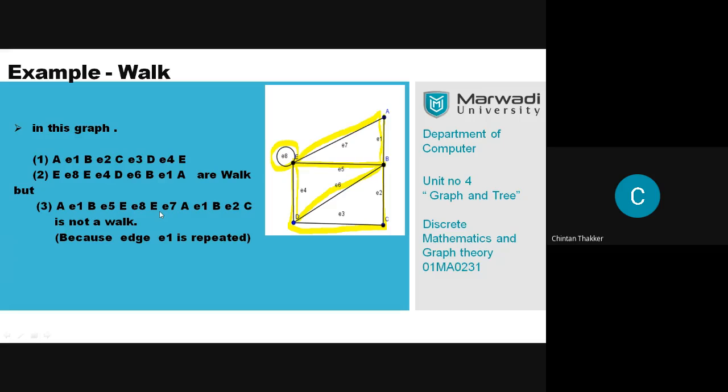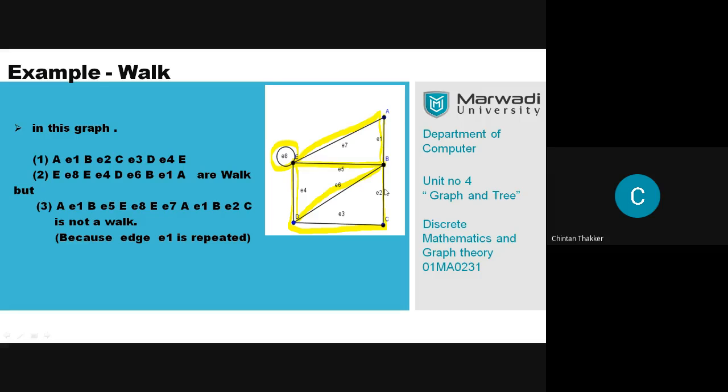Now see, the third one is given: A, E1, B, then E5, E, then E8, E, then E7, A, then E1, B, then E2, C. It is not a walk. Why is it not a walk? Because an edge is repeating, yes, E1 is repeated.